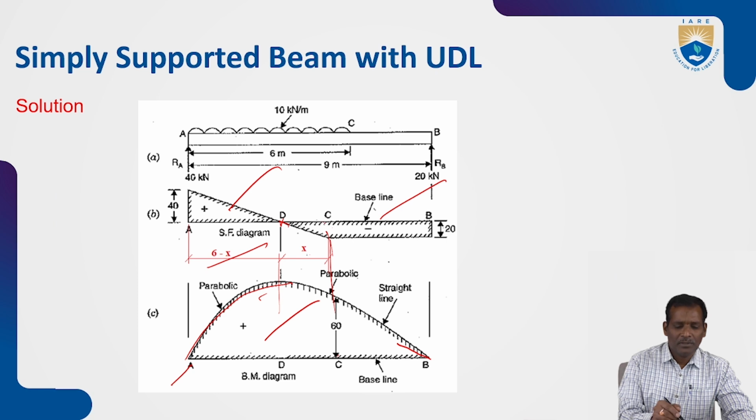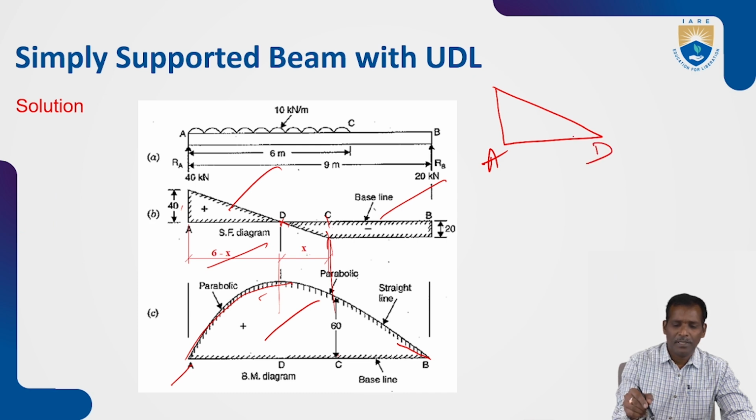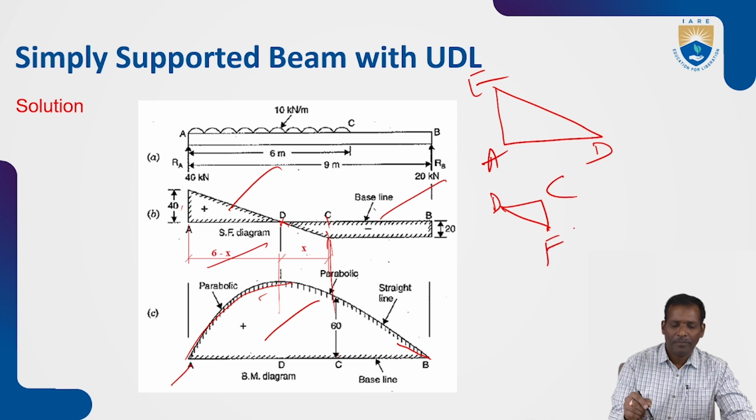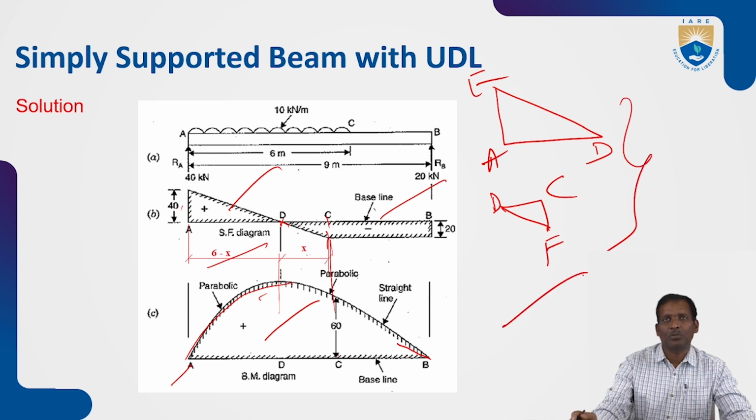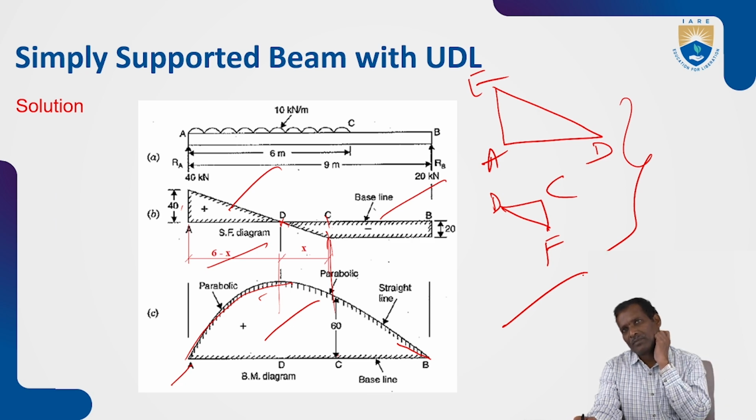So this diagram and this one: we can label A, B, D and E, and again one more diagram D, C, or another notation F.